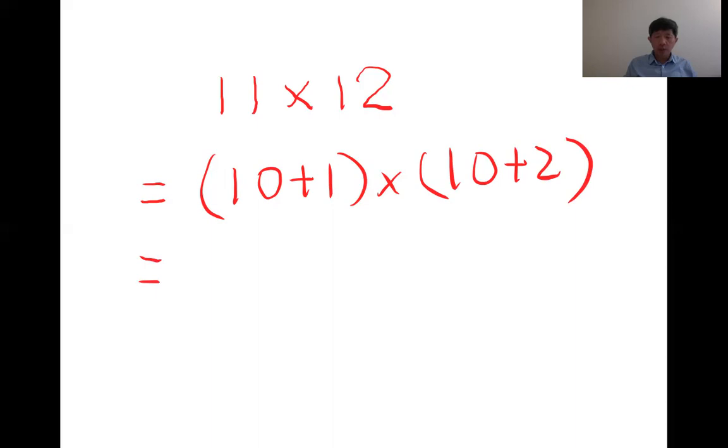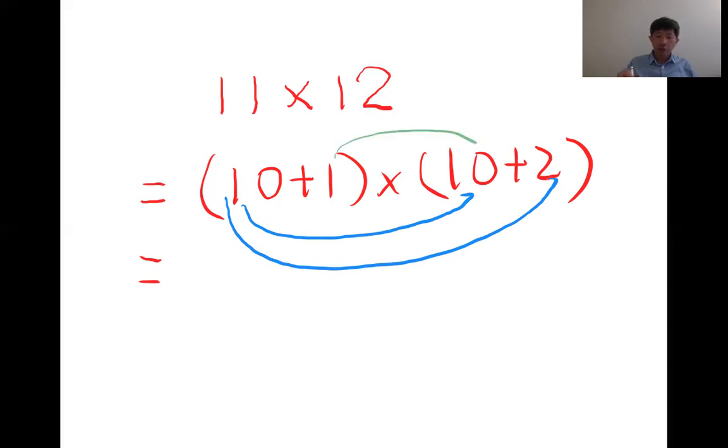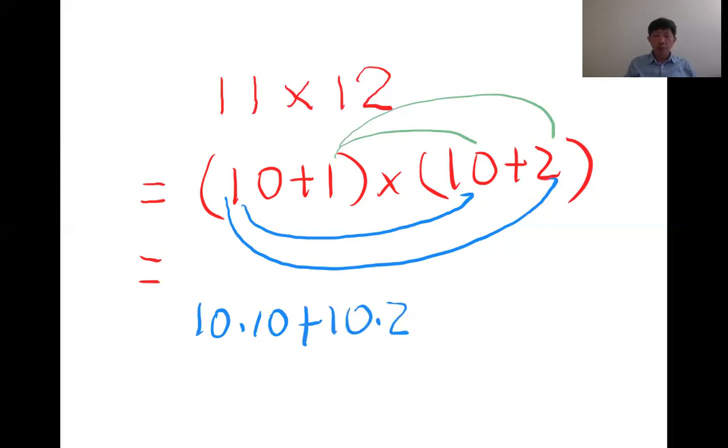With the distributive property, make sure each one gets a chance to be multiplied. I have lines for this in different colors to help. The blue one is 10 times 10 plus 10 times 2. Now plus the green one, which is 1 times 10 plus 1 times 2.